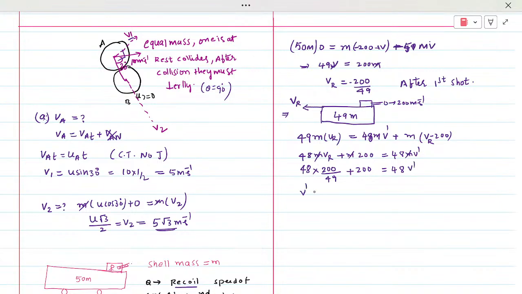Therefore the velocity after the second shot, the 48 gets cancelled, here 48 will come. Taking 200 common, 1 by 49 plus 1 by 48. This is another model of problem.